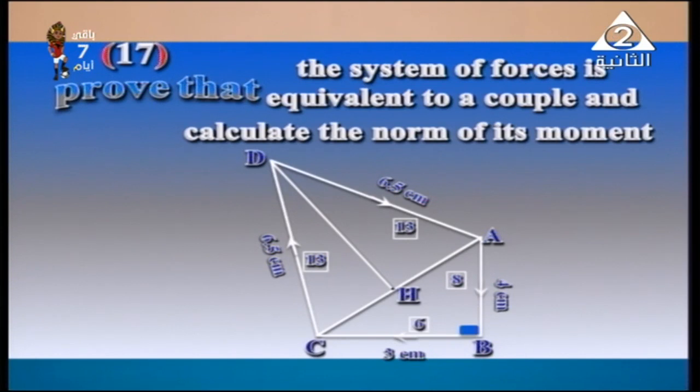My dear student, we know that if ABC is a right angle triangle at B, then AC equals 5, the square root of 3 squared plus 4 squared equals 5. And we have two forces, 13 and 13 Newton, acting at AD and DC. The required is to prove that the system of forces is equivalent to a couple and calculate the norm of its moment.